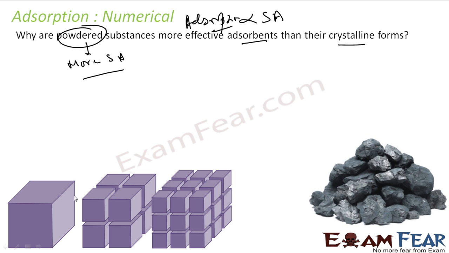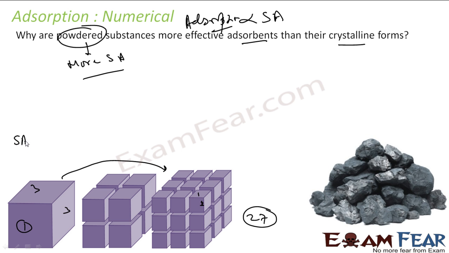For example, I have a cube of 3 by 3 centimeters. You break it into 9 pieces, then each becomes 1 by 1, and there are 9 into 3, that is 27 pieces in total.